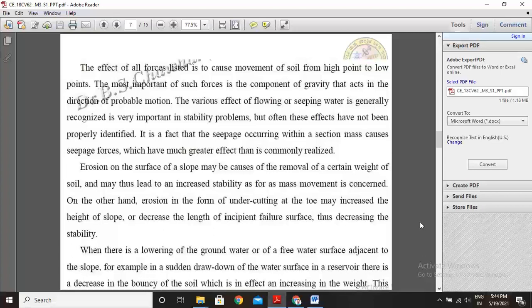When there is a lowering of the groundwater or of a free water surface adjacent to the slope, for example in a sudden drawdown of the water surface in a reservoir, there is a decrease in the buoyancy of the soil, which is in effect an increase in the weight.